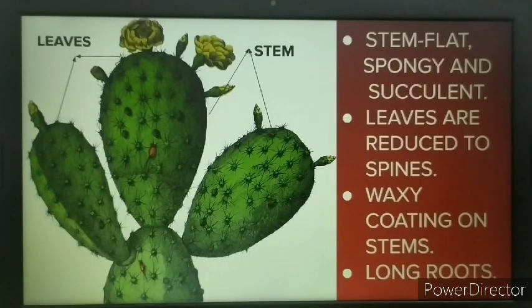The reason why it is spongy is because it stores water, it conserves water, and also it is helpful in the process of photosynthesis. The stem takes part in photosynthesis, that is, it helps in preparing food by the process of photosynthesis. And the stem is also covered with a thick waxy coating.